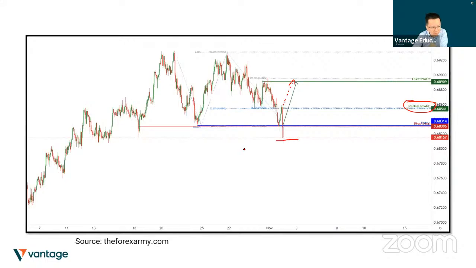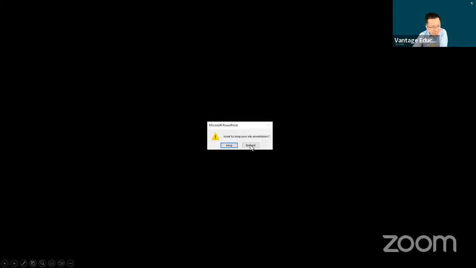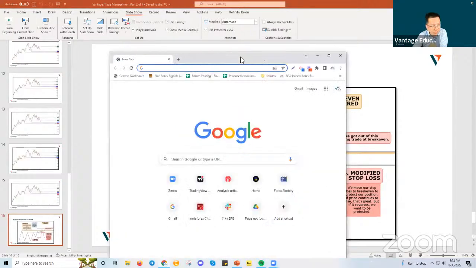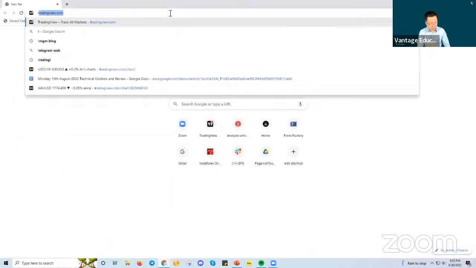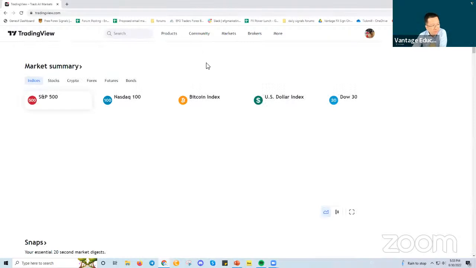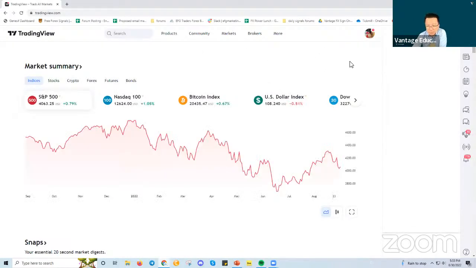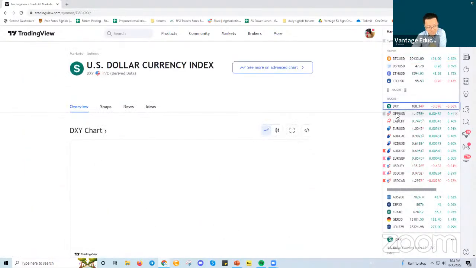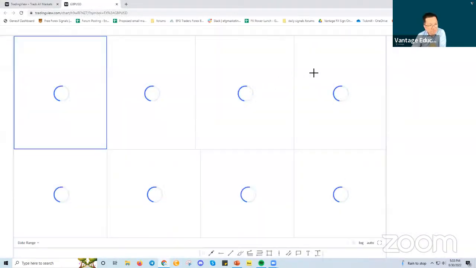If not, what I'll also do is I would discard that. I'll jump into the charts to just show you some examples, some possible examples of how we could move prices in terms of a setup, move our stop losses in terms of a setup.